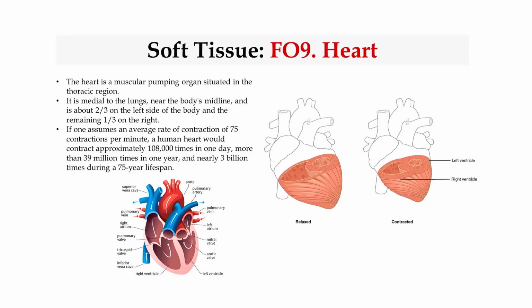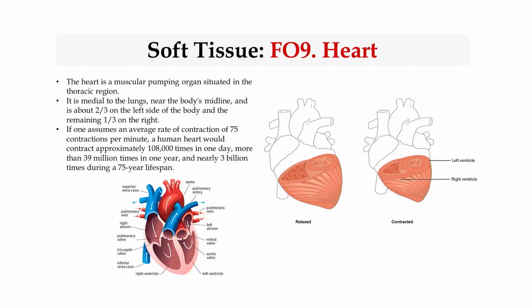From an anatomy of the heart standpoint, we have already studied this in a biology class, so I'm not going to repeat all these aspects, but just quickly cover some pointers. You have the superior vena cava, the aorta, the pulmonary artery, and the pulmonary vein.